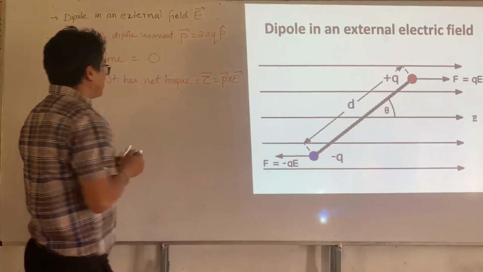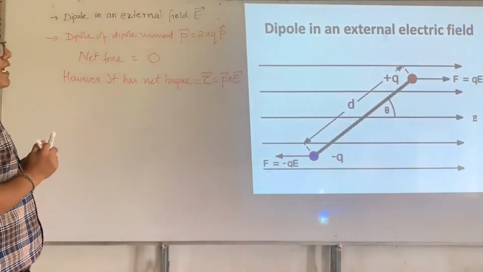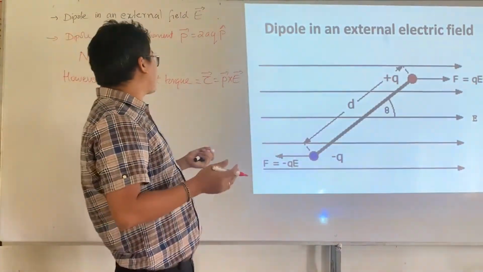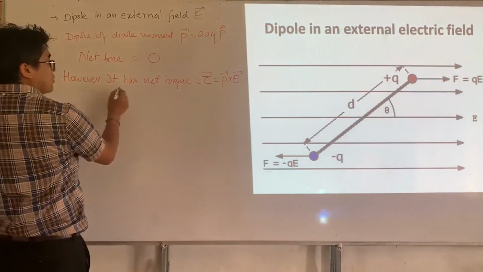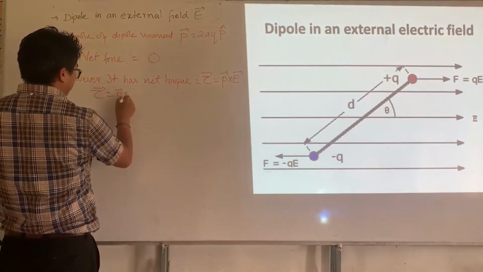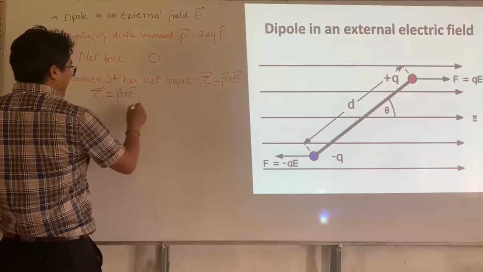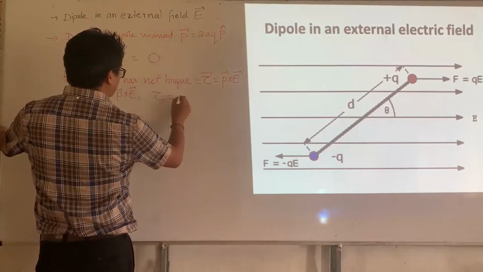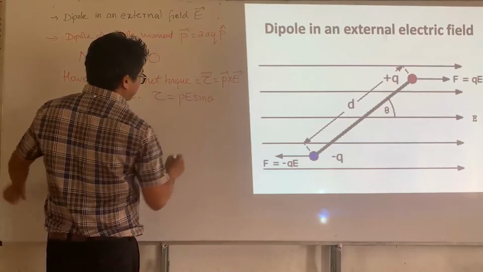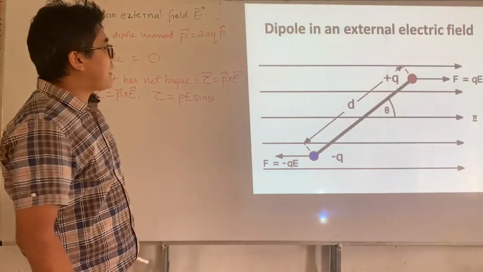This is the torque experienced by a dipole in an external electric field. And the magnitude of torque is given like this.